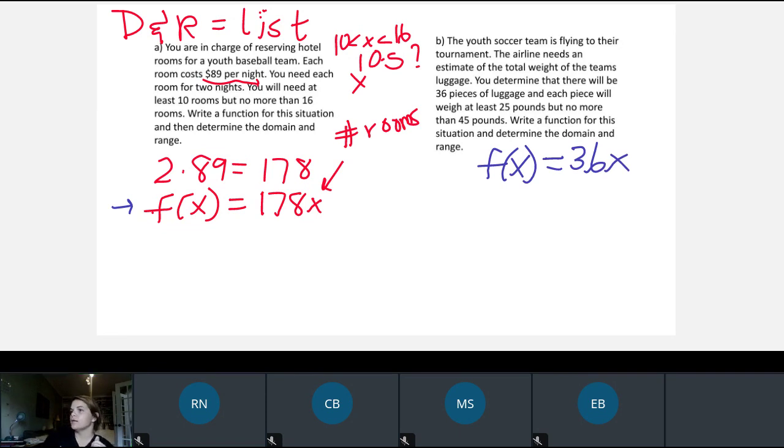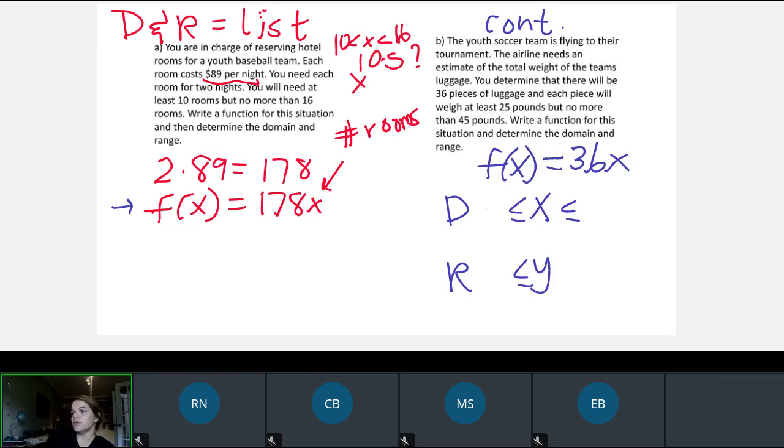This is a continuous function because each piece of luggage can weigh between 25 to 45 pounds. So this one, your domain and your range are going to be back to an inequality because it can be anywhere between that as long as it's between 25 and 45.